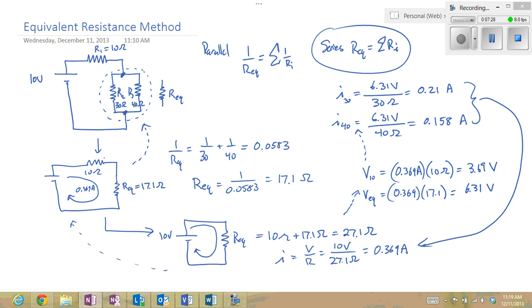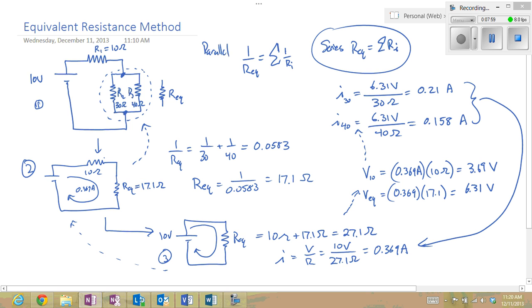And you can see that by following this technique, you can get the voltage and current at any place in a simple circuit. To summarize, what we did is we started with our original diagram, step one. We recognized that that parallel combination could be represented by this second circuit, where we began applying equivalent resistances, and we continue that process all the way down until we get to our simple circuit.